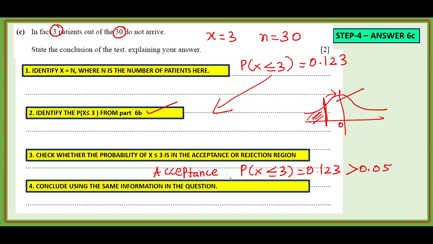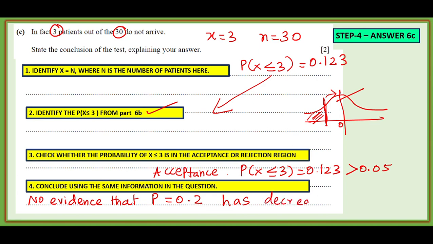So if H naught is accepted, what is the meaning? There is no evidence that the probability of not arriving, equal to 0.2, has decreased. So we have to write the conclusion in words: the probability of not arriving, equal to 0.2, has decreased.